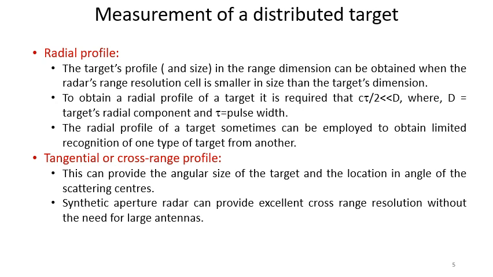So next measurement quantity is the tangential or cross-range profile. This profile can provide the angular size of the target and the location in angle of the scattering centers. Synthetic aperture radar can provide excellent cross-range resolution without the need for large antennas.